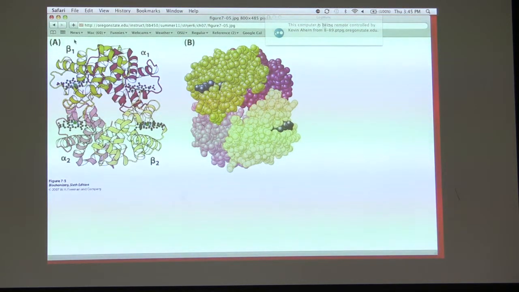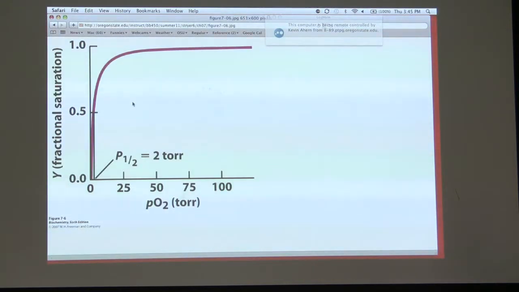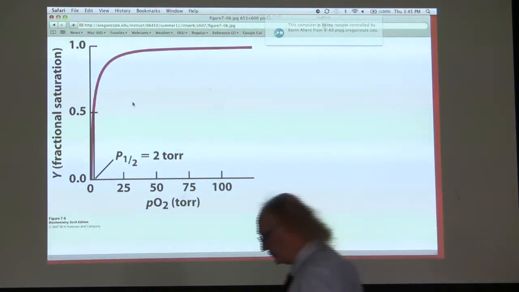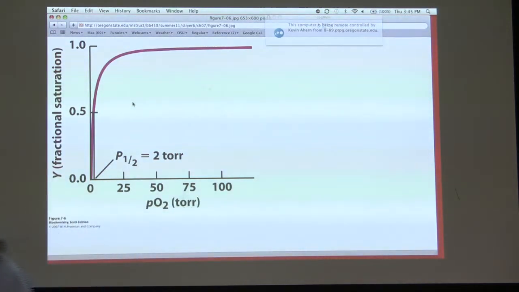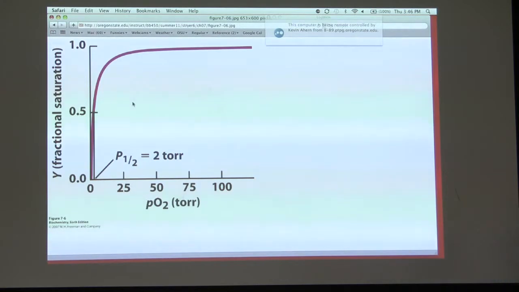Okay. Now, I'm building up with a lot of big stuff about hemoglobin, so I better deliver on this, is all I can say. Let's look at what happens when we mix oxygen with myoglobin. What you see on the screen is a graph that plots what percentage, or fraction, of the myoglobin has oxygen in it on the y-axis compared to the concentration of oxygen on the x-axis.